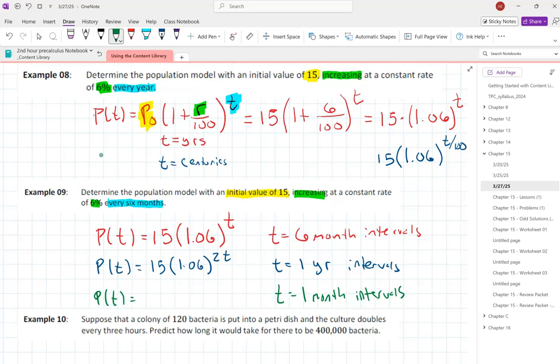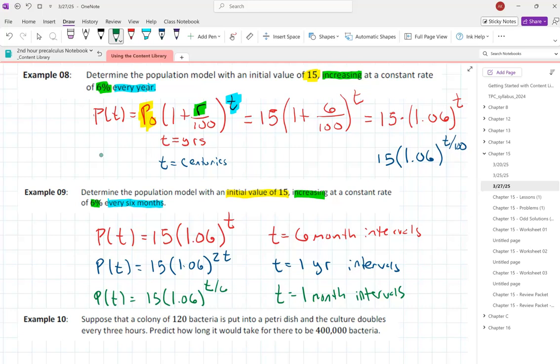It's like 1/6, right? And any of these answers is correct. They will all give you the correct answer, but you have to be mindful of what our unit for t is, right? All of these answers would be correct.